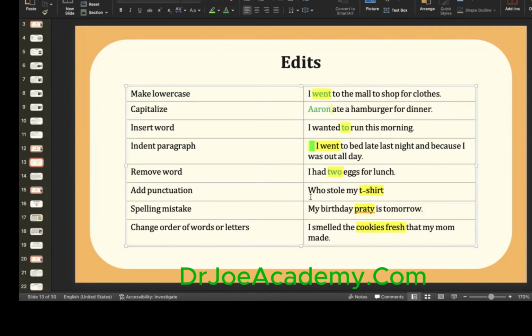Next, who stole my t-shirt? Elizabeth, what is the mistake in this sentence? What do you notice is the mistake? What is missing, Elizabeth? What do we have to put at the end of our sentence, Elizabeth?